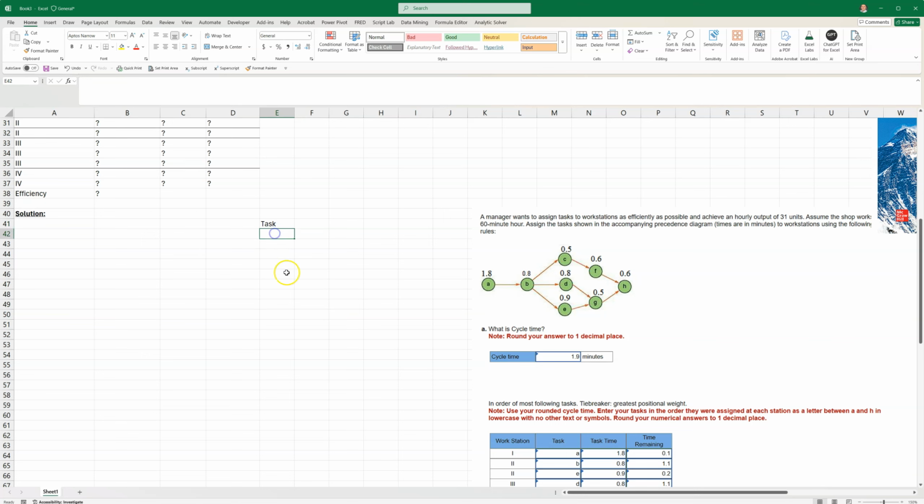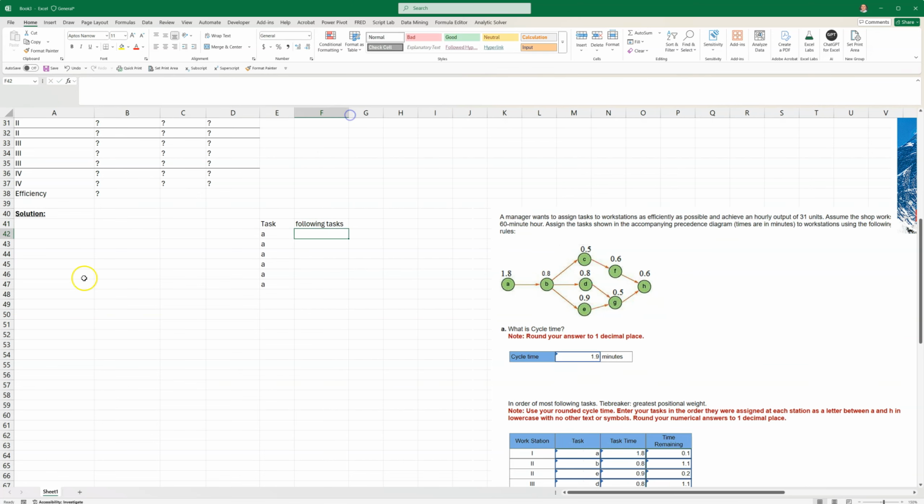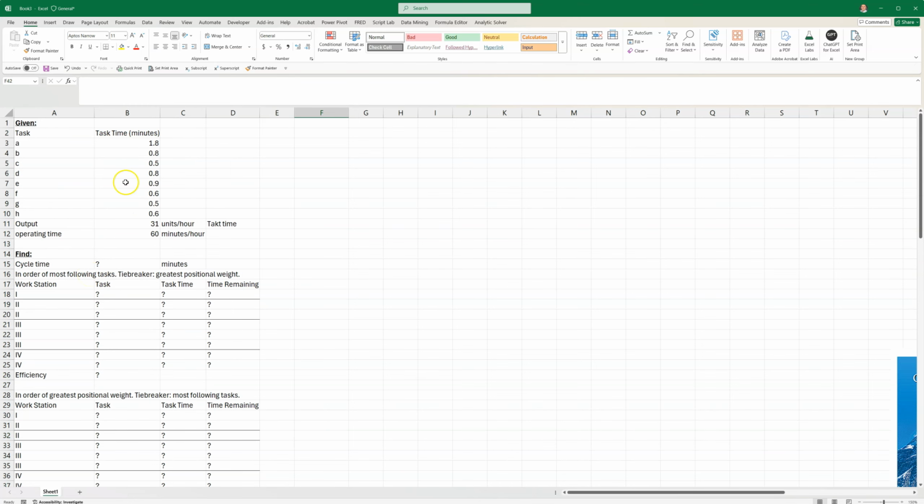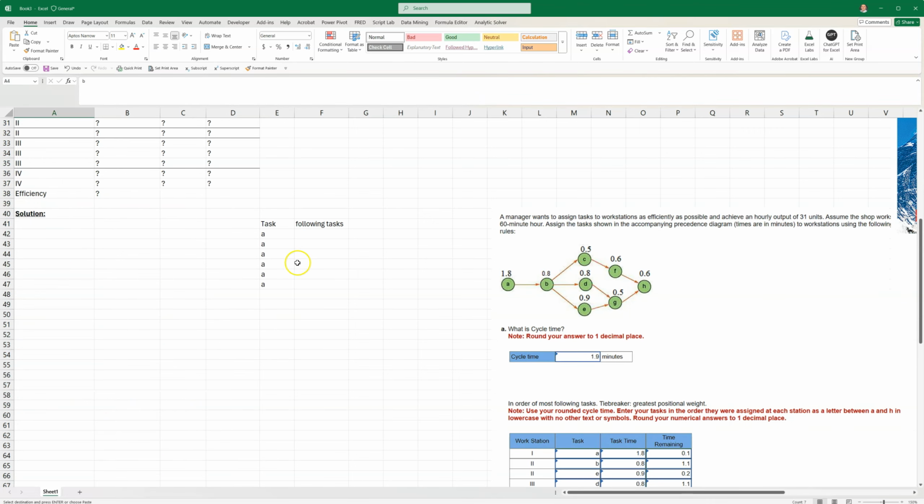We have task A, and we want to know the following tasks for A. All these tasks follow A. I'll say A, and here, following tasks. This will make sense in a second why I'm doing this. B, C, D, E, F, and G follow, so I'll copy that. They all follow A.